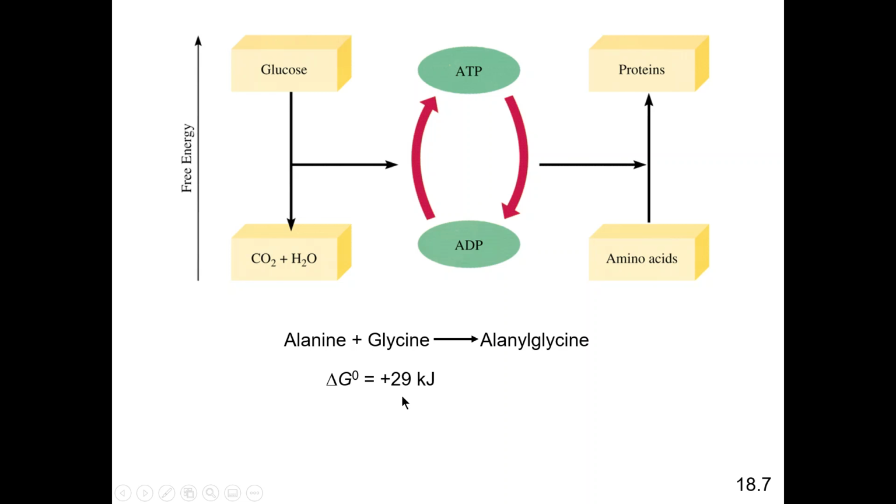What that means, therefore, is that in order for this reaction to take place, energy has to come from somewhere so as to drive that reaction to favor the formation of the dipeptide. So the question now becomes where that energy comes from. And the answer comes from glucose. Glucose, when it undergoes breakdown in the body, is an exothermic process which provides energy.